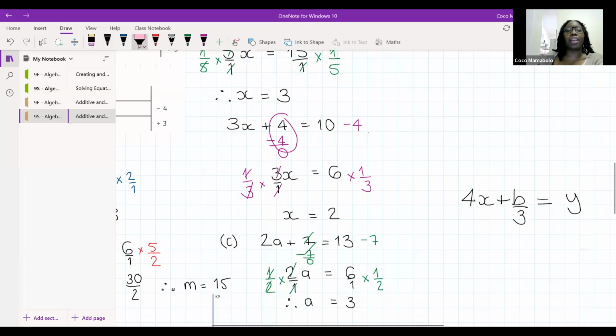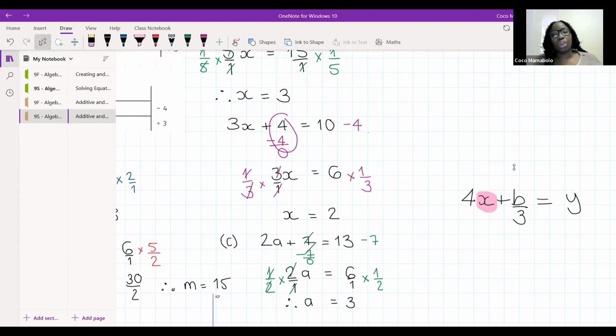And then I'm going to ask you guys to solve for x. And the reason we want to use the additive inverse and the multiplicative inverse is because sometimes the thing that we need to minus isn't a number. So it's not as simple as just dividing by 3.